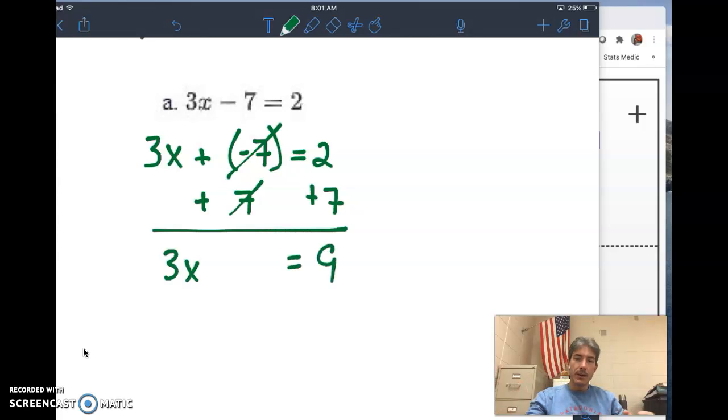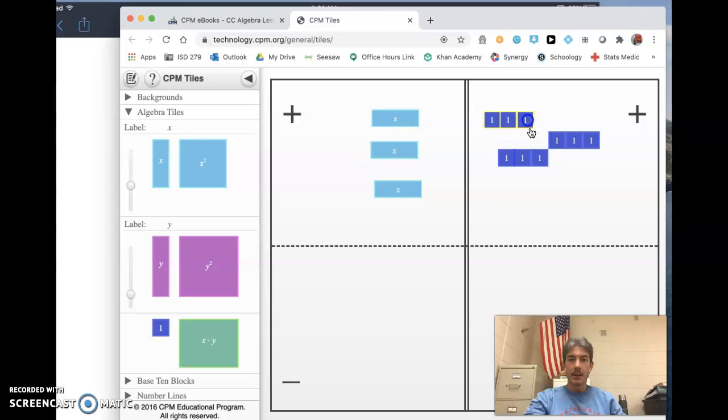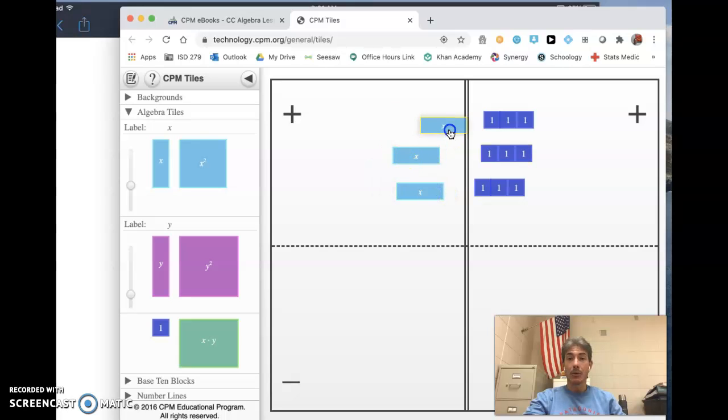All right, so we've got 3x, we've got 9, and now let's take these items and cut them up into 3 identical copies of each other. And this is going to go pretty quick, and some of you might be racing me to the finish, and that's okay. All right, now look at what we got. I've got 3 identical rows.